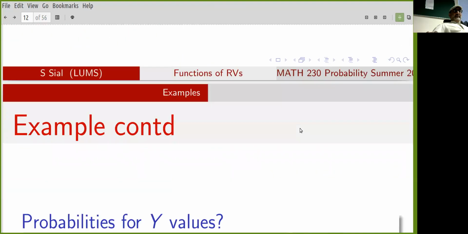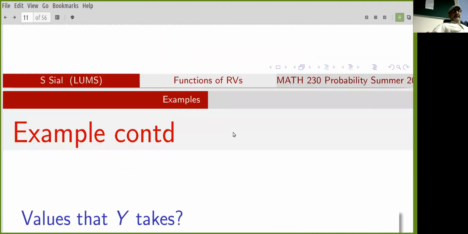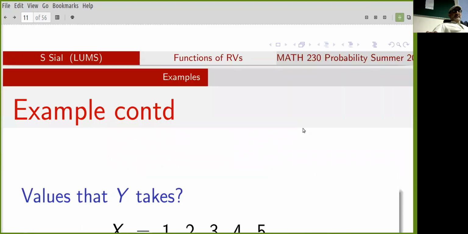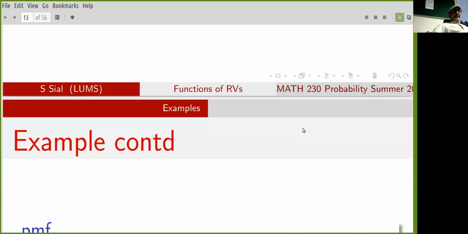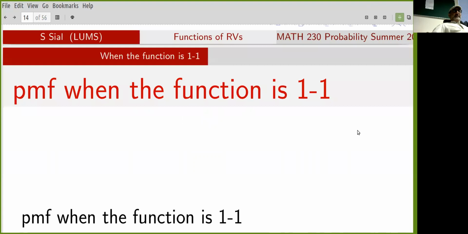And then f sub y of y would equal 3/4, 1/4, and then what is x in terms of y? X in terms of y is the square root. So square root of y, minus 1, for y equals 1 squared, 2 squared, 3 squared, and so on, and 0 otherwise. Okay.